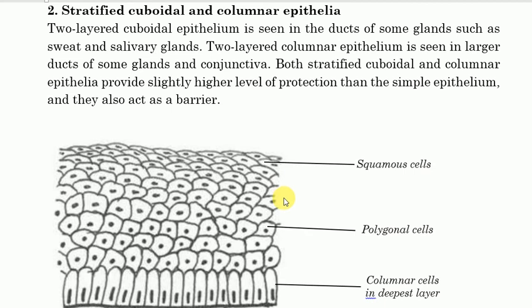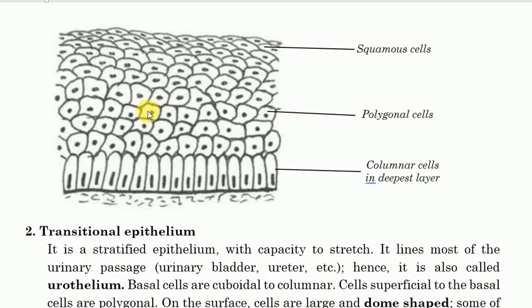Hii ni two-layer cuboidal epithelium and is seen in the ducts of some glands such as sweat glands and salivary glands. Two-layer columnar epithelium is seen in large ducts of some glands and the conjunctiva. Hapa ni stratified cuboidal and stratified columnar. Both stratified cuboidal and columnar epithelium provide a slightly higher level of protection than simple epithelium, and they can also act as a barrier.